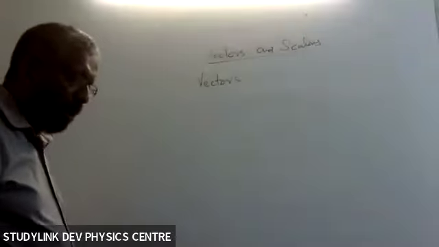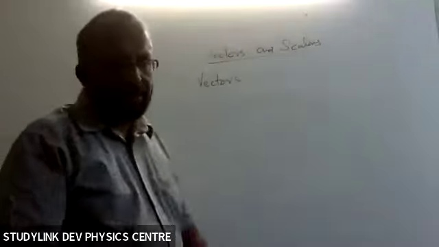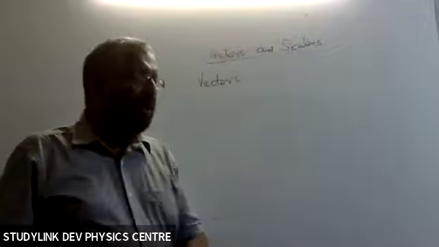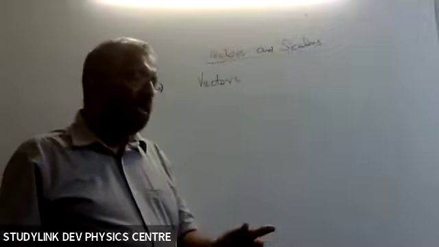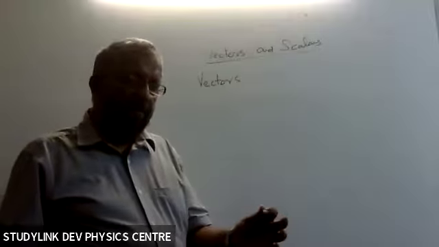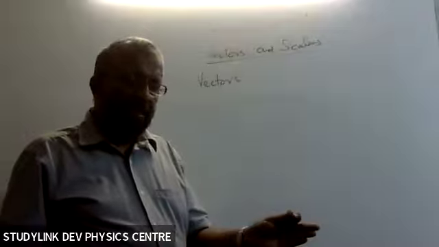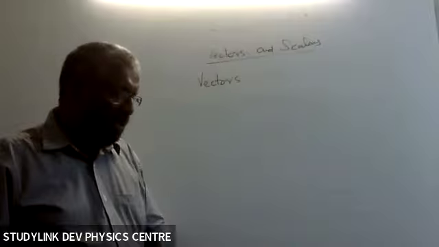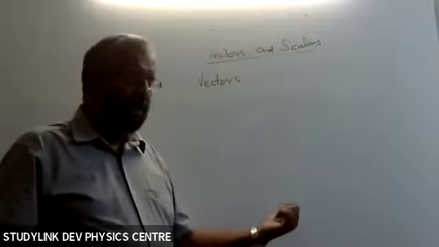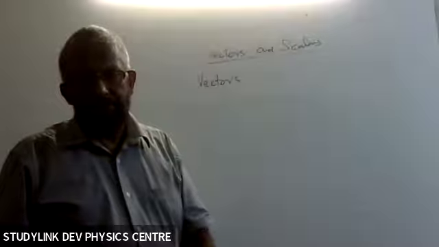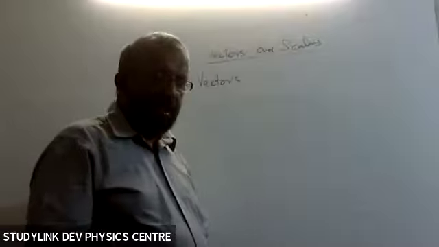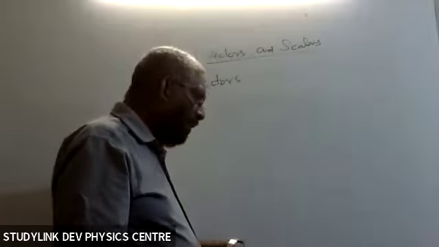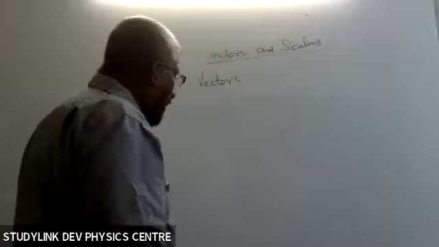For the first unit, I taught you physical quantity. A physical quantity is one which has a certain definition, or we said that which can be measured. So it's a physical quantity. Then we discussed basic ones, right?